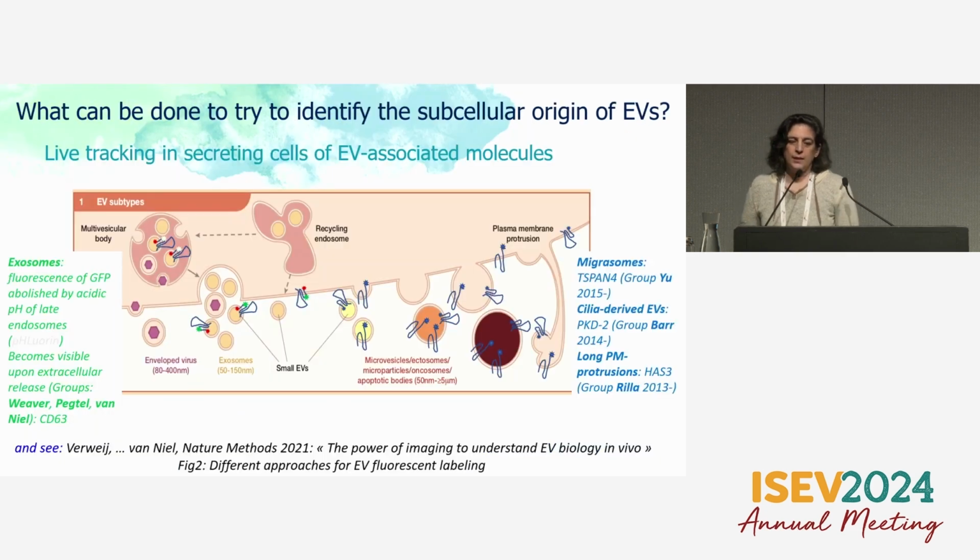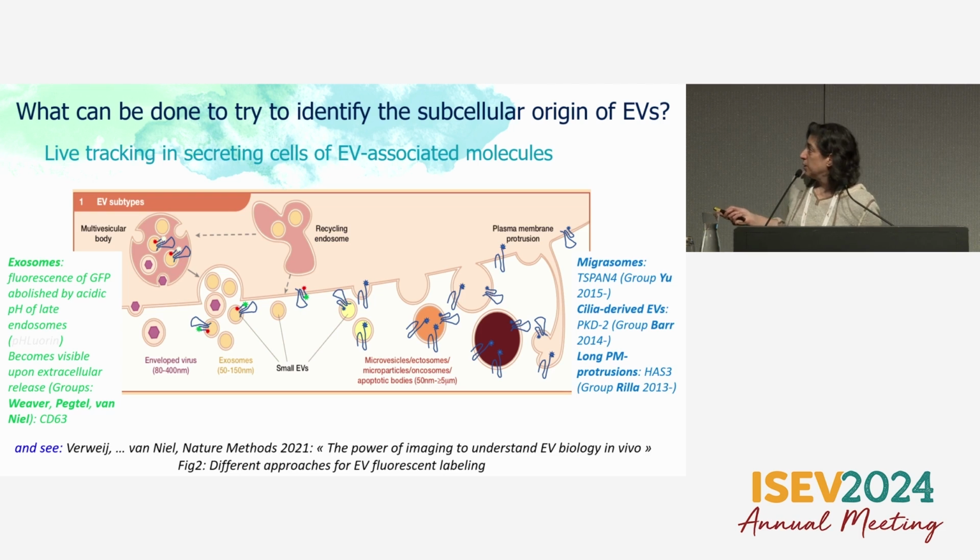So what can be done to try to identify the subcellular origin of EVs? The only real way is to follow live in secreting cells the EV-associated molecules and to show that these EV-associated molecules come out of the cells and end up in structures that are outside the cell.